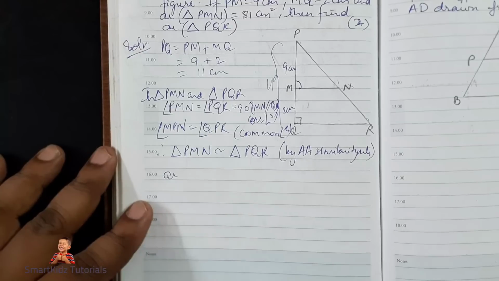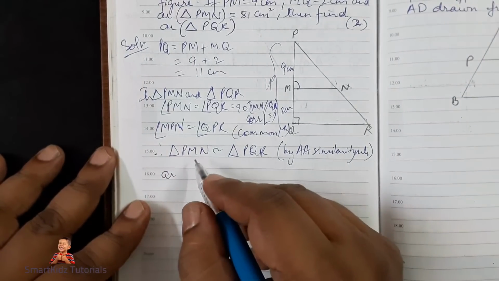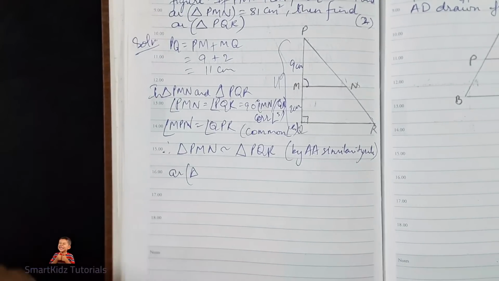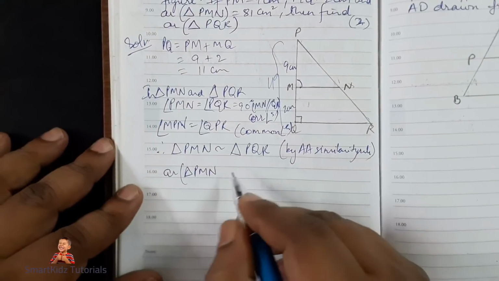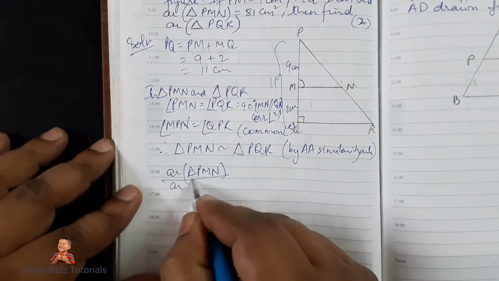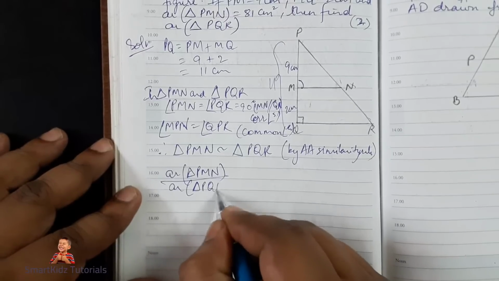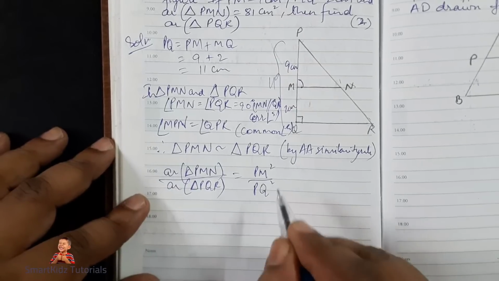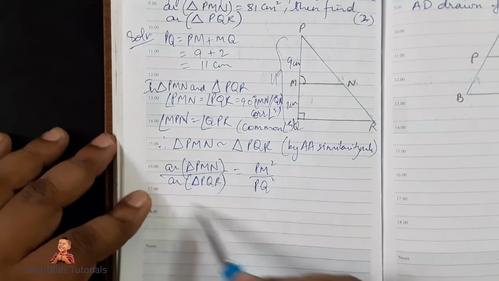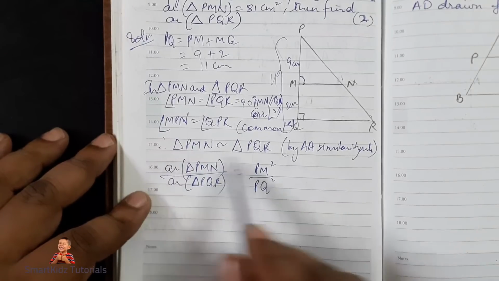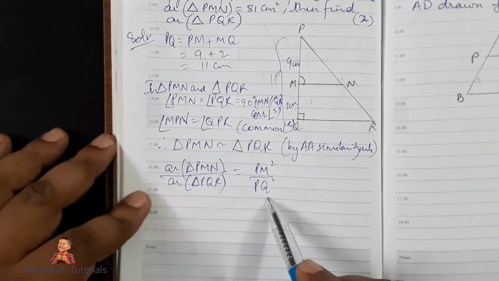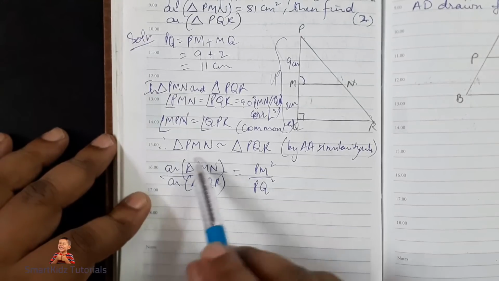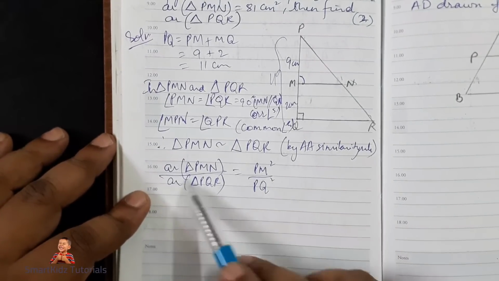So area of triangle PMN upon area of triangle PQR is equal to PM square upon PQ square. Okay, we can say this upon this is equal to this upon this only if we show that these two triangles are similar to each other. We have already done that, so that's why we can say this is possible.